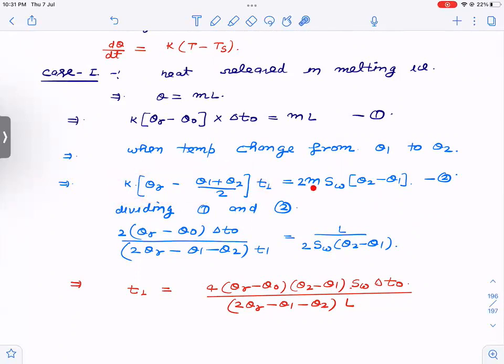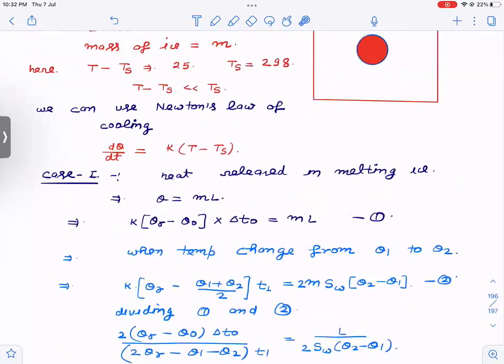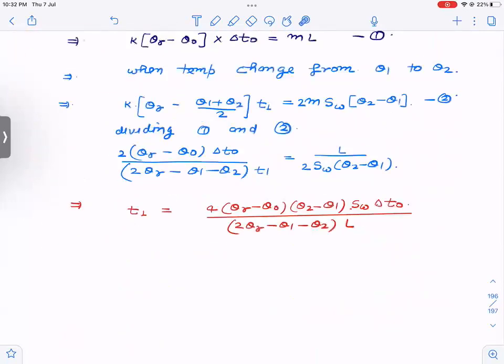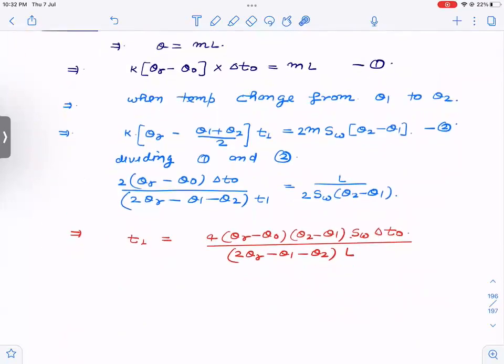The total mass now, I have to take 2m because m was the mass of ice, but water is also there. So from 22 to 23, it is 2m amount of water. So 2m, s and delta t is theta 2 minus theta 1, which is 1 degree. Okay, so that's it now. This is the second equation.